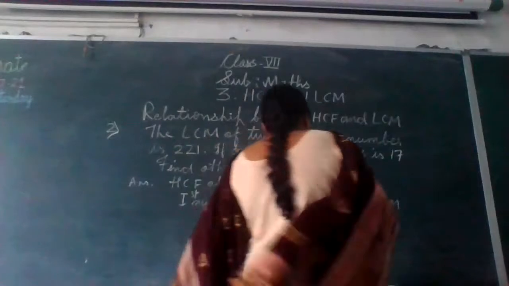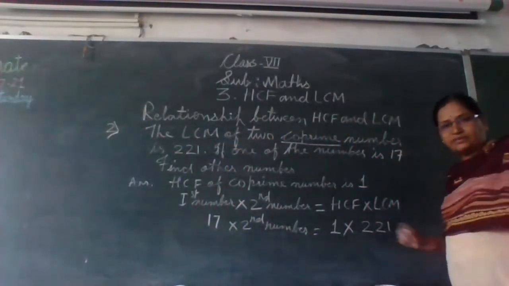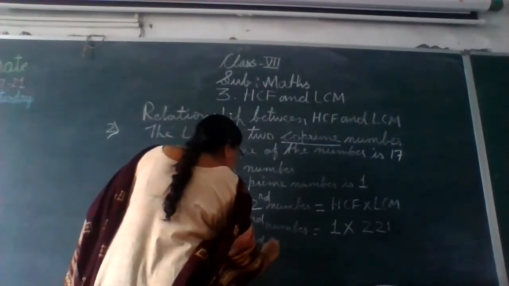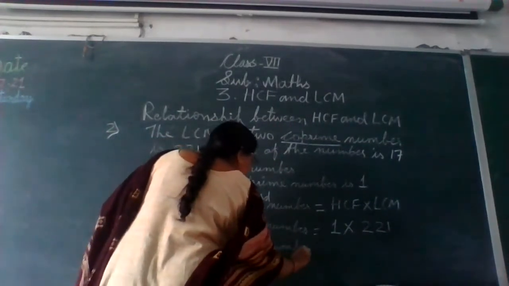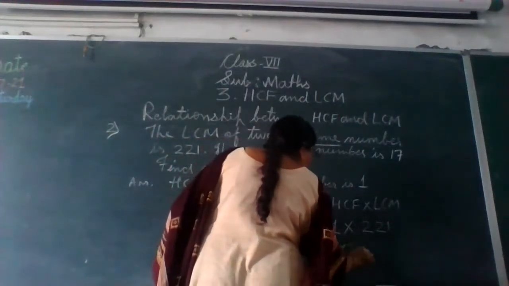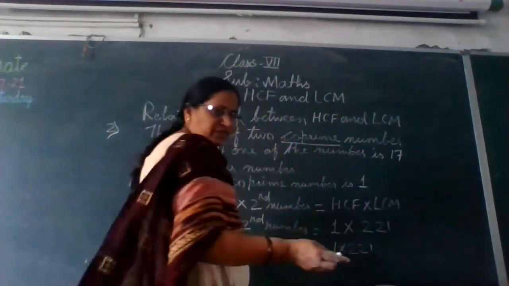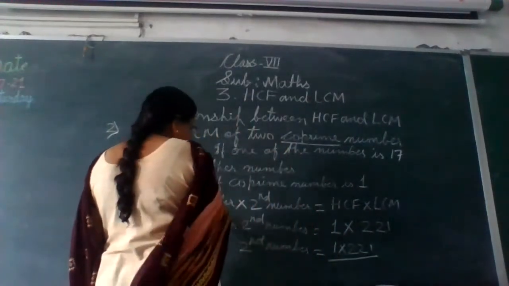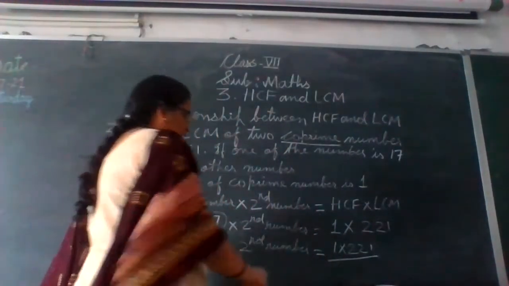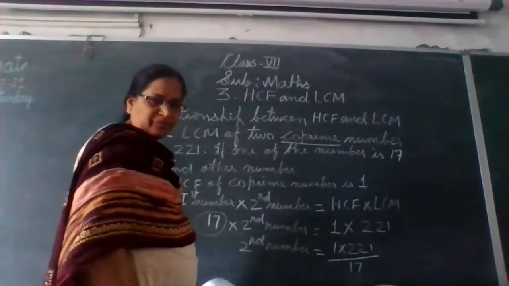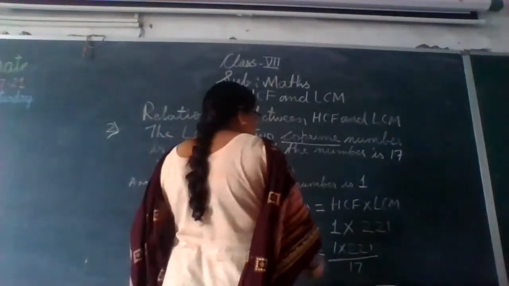When it goes to the other side, it goes on division. One multiplied by 221, or 221 means 221. No need to write 1 multiplied. Divided by 17. Now tell me what is the answer?